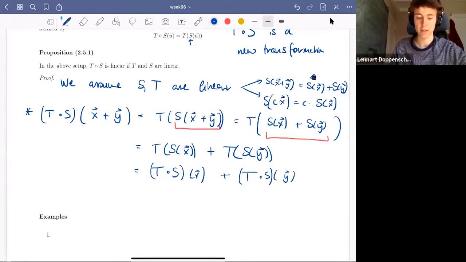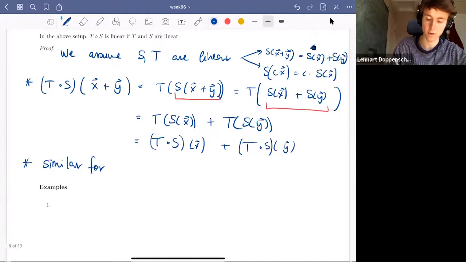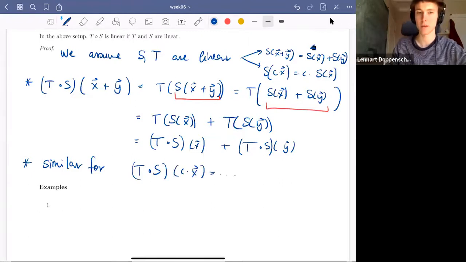And this is linearity for T composed S. Let me just skip the second part, but it's very similar. You just apply this twice for the assumption, and then you'll get the result. So you would start to compute c times x, and you can see how this works.